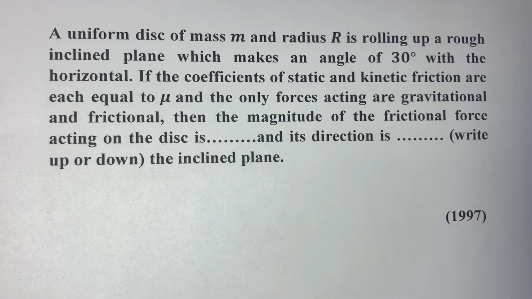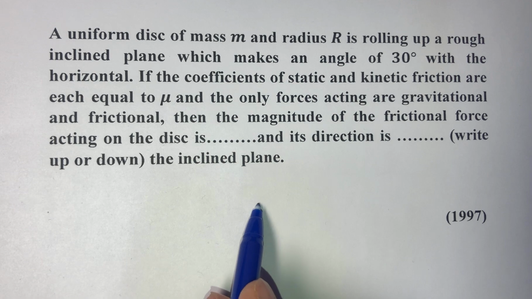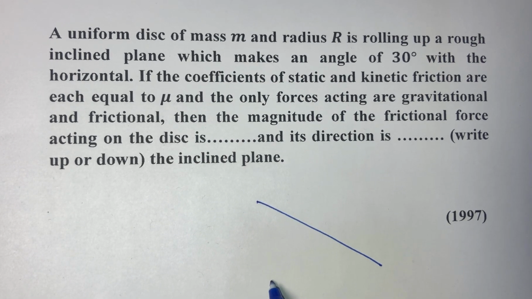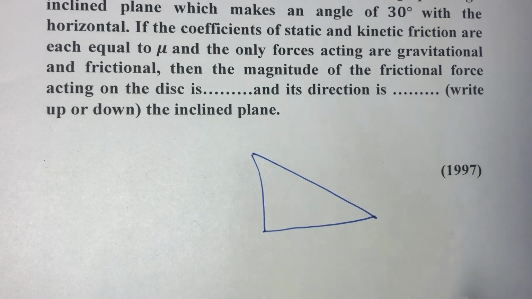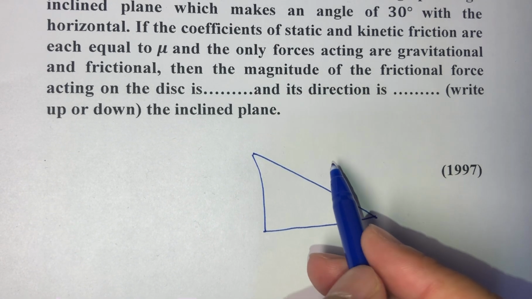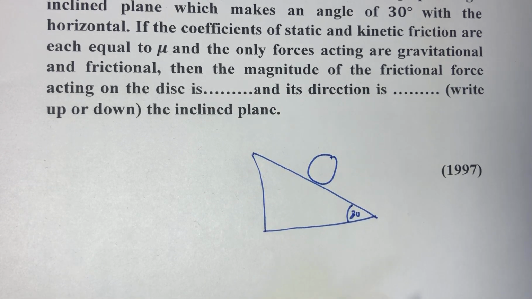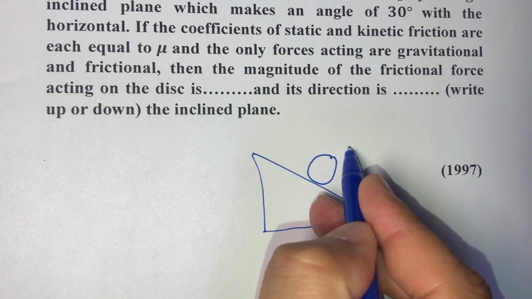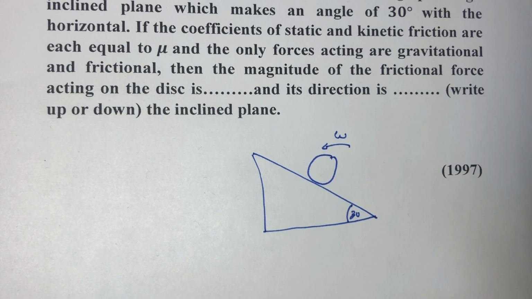So it is given that a disk is rolling up the rough inclined plane. So let us draw an inclined plane, and the angle of inclination is given as 30, and we have a disk. This disk is rolling up the inclined plane with angular velocity omega.